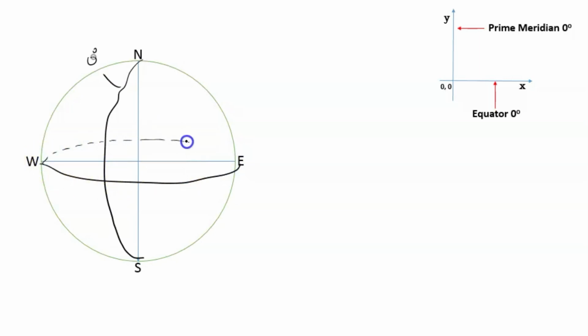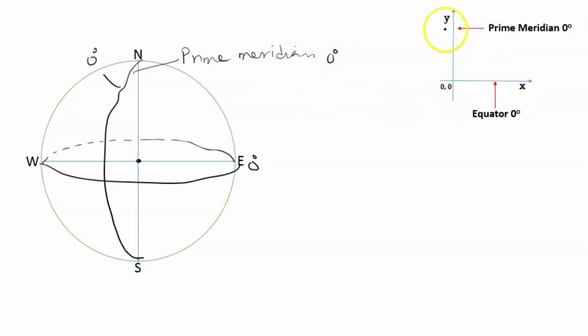Both of them are great circles. In fact, the only line of latitude that is a great circle is the equator. Later we'll be looking at some of these things. But what I want to stress is that this is also 0 degrees. The line we call the prime meridian has 0 degrees.